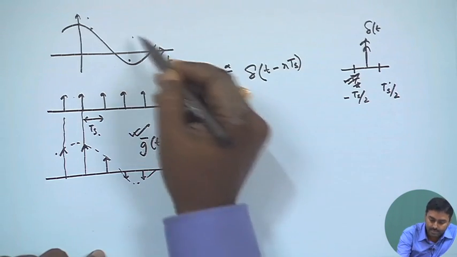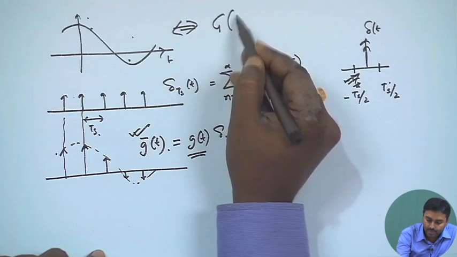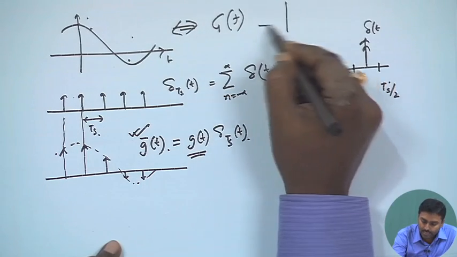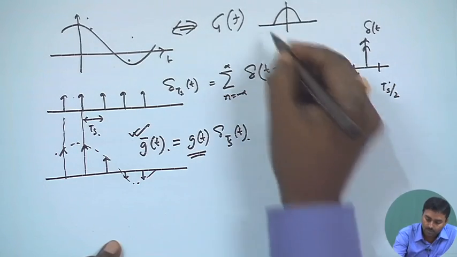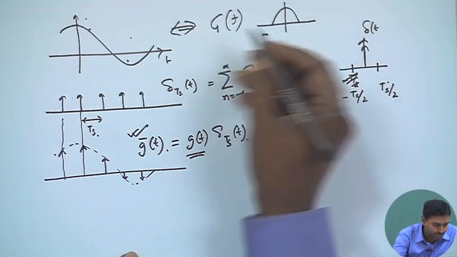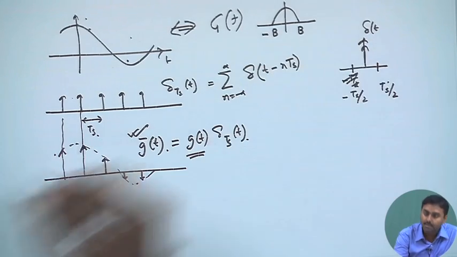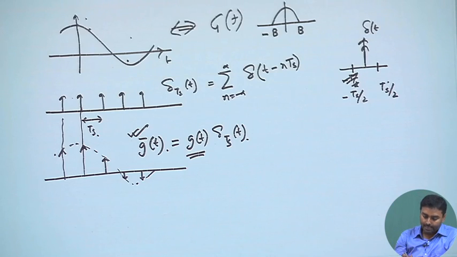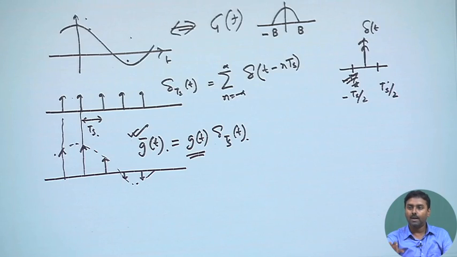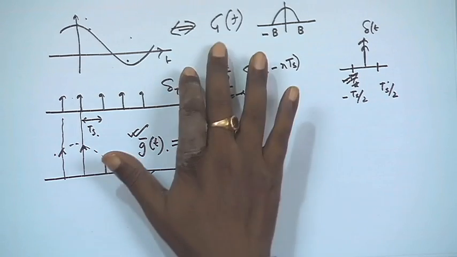We are saying g(t) has a frequency domain representation G(f) which looks like this, defined from minus B to plus B. So the signal we are sampling is a band-limited, low-pass signal with maximum frequency component up to B, so it has a bandwidth of B. That is G(f), the Fourier transform of that particular signal.